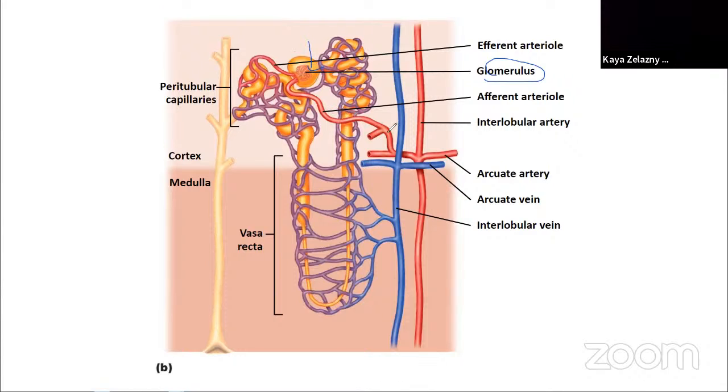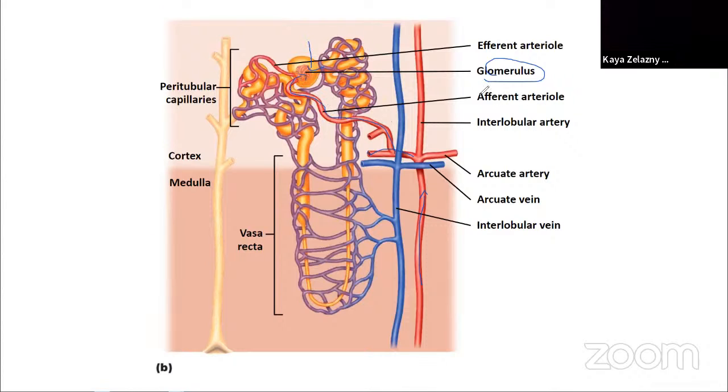So afferent arteriole, actually let's start at the very beginning. We have our interlobar artery coming into the kidney, giving off little loops, our arcuate arteries. Coming off of them, we're swirling into a ball.